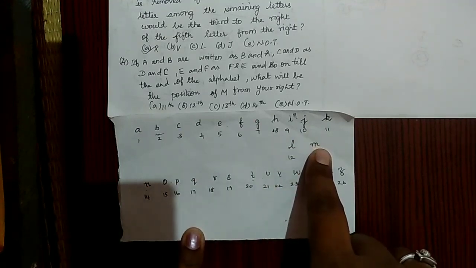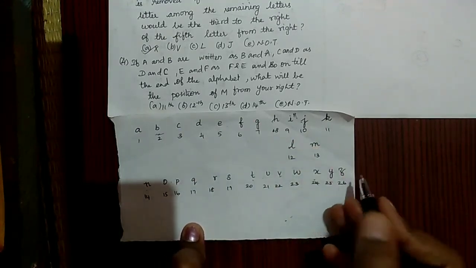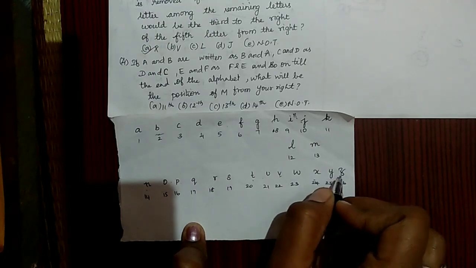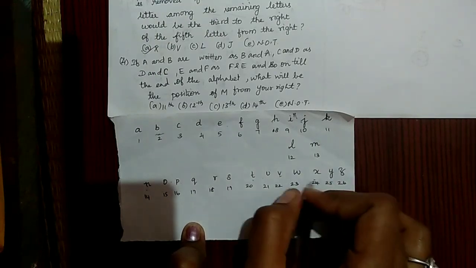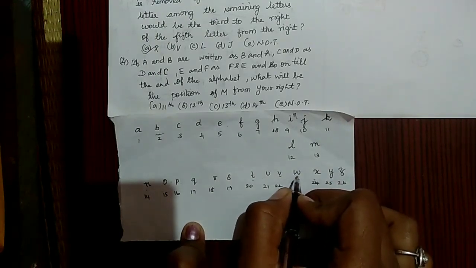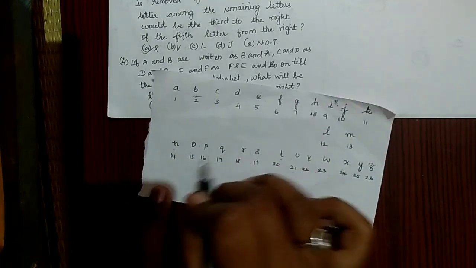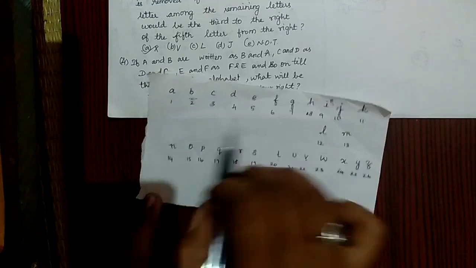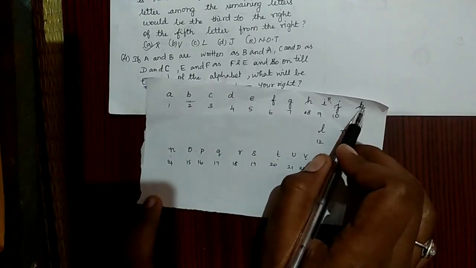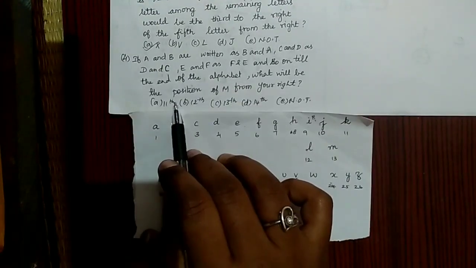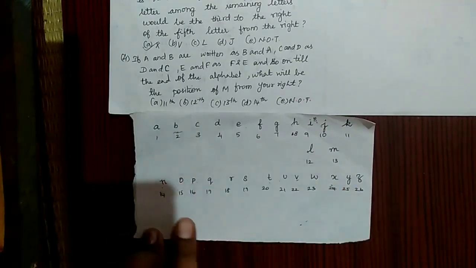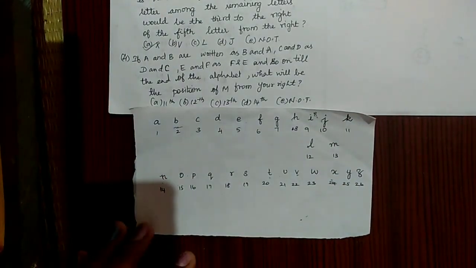It will be interchanging, right? So while it is interchanging, this will be like ZY, XW, VU, TS, RQ, PO, NM, LK, right? Then what is the position of the M? The position of the M will be 14, right?